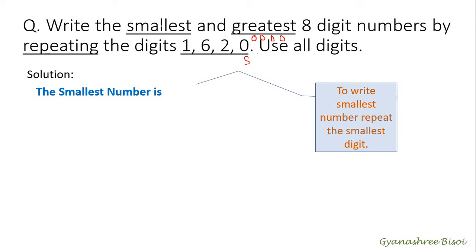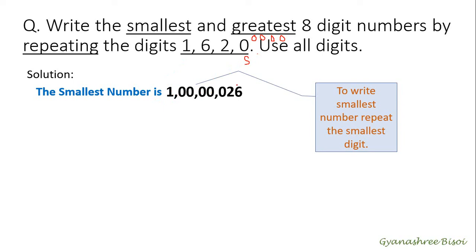8 digits. I told you that the place of 0 is always the second place from the extreme left. So the first digit will be 1. Then how many times 0? 1, 2, 3, 4 and 5.